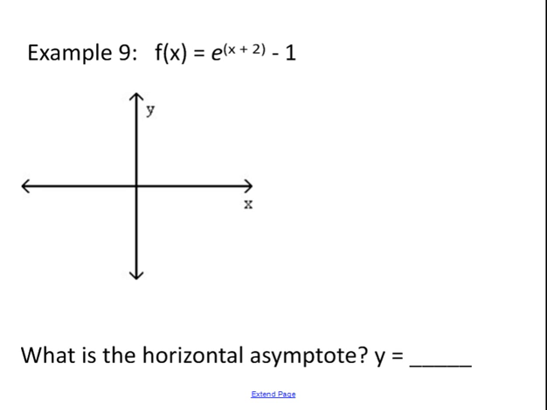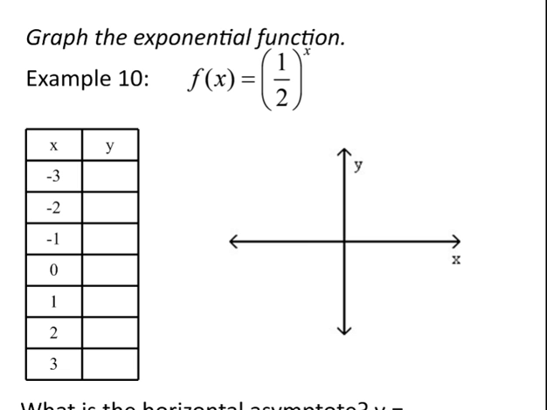I'm going to have you try this one on your own. This is the same graph. You're just going to shift it. Let's take a look at this one. Notice this time I do have a fraction, so it is going to change how the graph looks slightly.